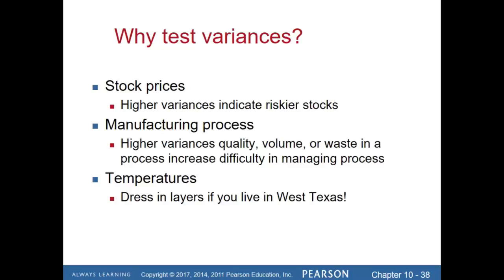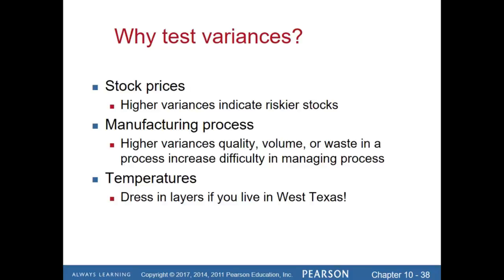So maybe you've got a couple of different stocks with similar mean values, so similar average prices over time, but one of them stays fairly close to that mean, doesn't vary a whole lot, where the other's way up and down and varying dramatically about the mean. The greater degree of variance indicates a greater degree of risk in owning that particular stock.